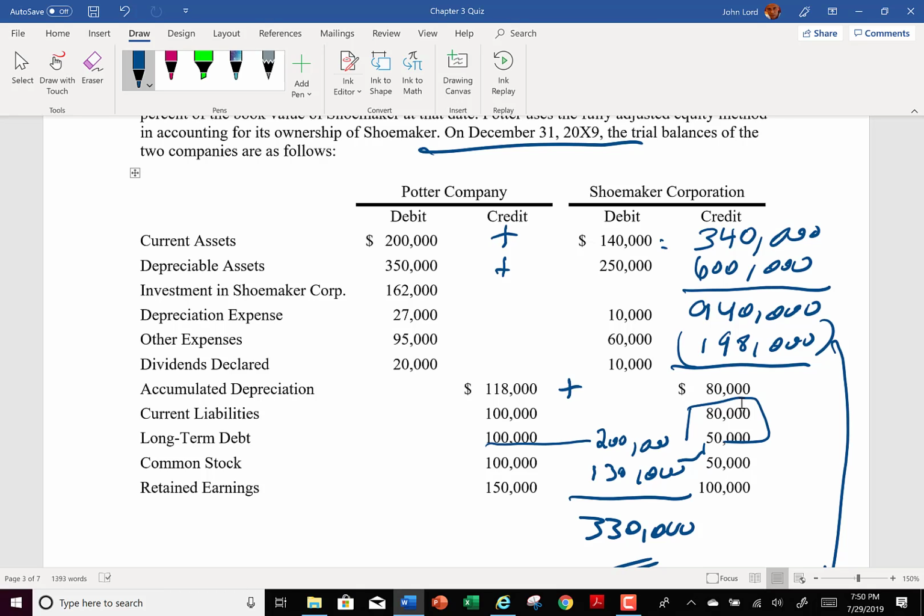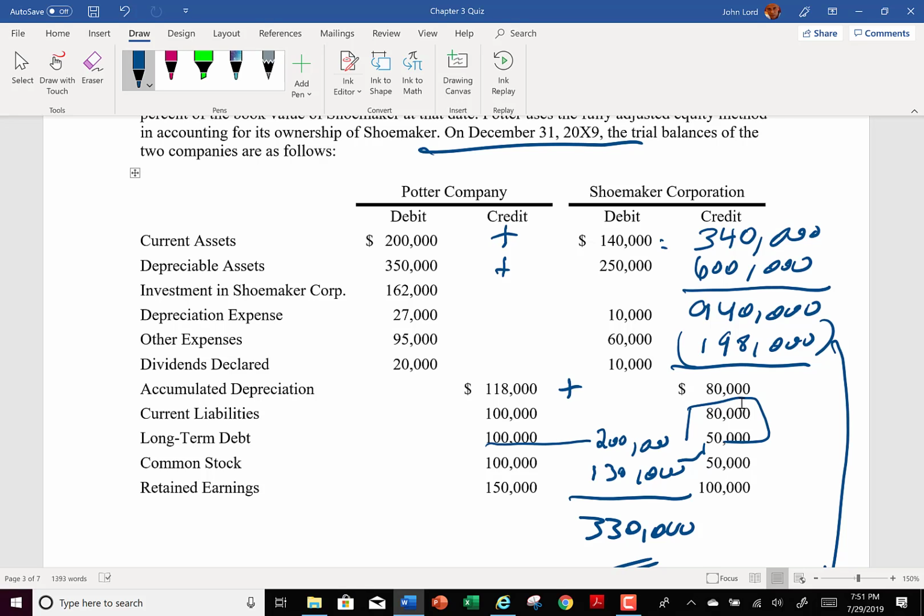And I think they gave me other expenses of what? 95? Excuse me, Professor. Depreciation expense should be 27. 27. Oh, thanks. Thank you, Coleman. My hero. So we subtract the 27,000.